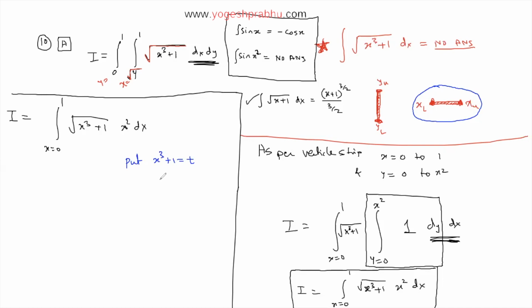So if I differentiate this, we will get 3x square equals dt over dx. So I will take 3 on this side, dx on the other side. I'll get x square dx is equal to dt over 3.